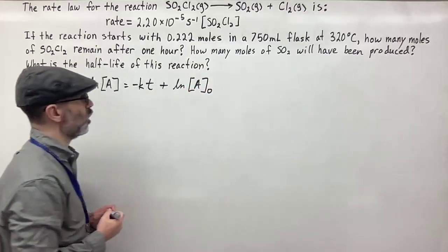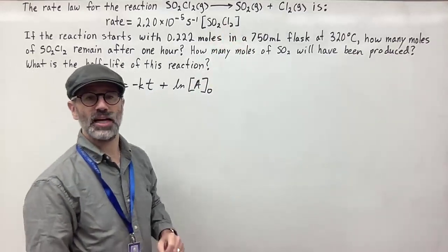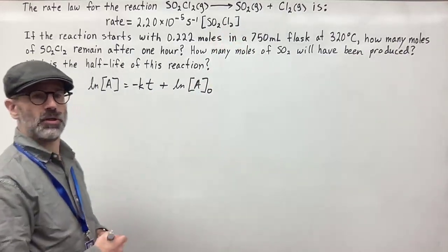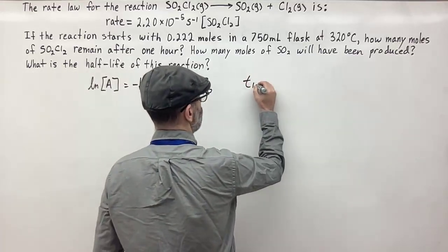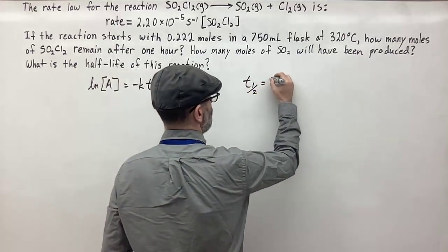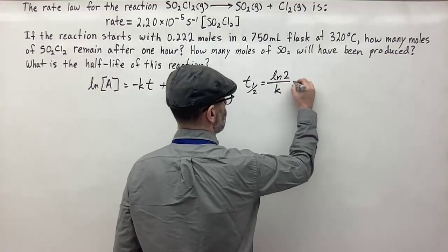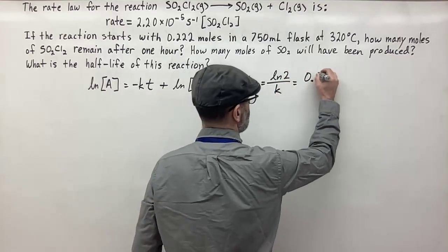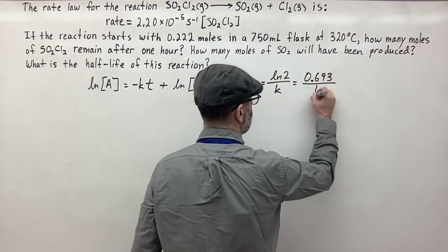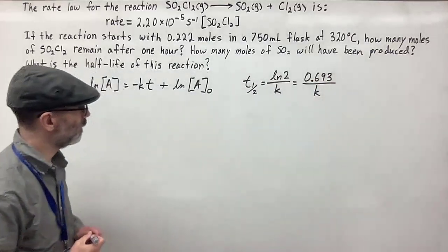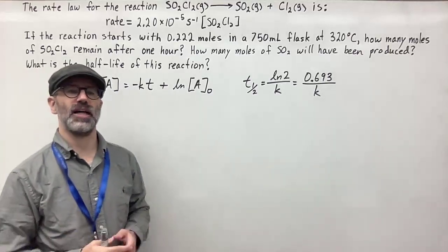The substance A that we are using is going to be SO2Cl2. Also, the half-life equation for first order is going to be the natural log of 2 over the rate constant, which is equal to 0.693 over k.